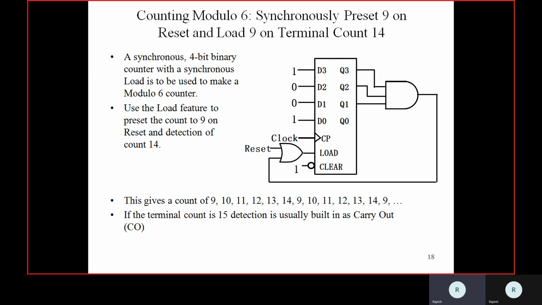So once it is 6, 0, 1, 1, 0, you are going to generate an output 0, which is fed to your OR gate, and that is acting as a load. So an asynchronous 4-bit binary counter with a synchronous load pin.